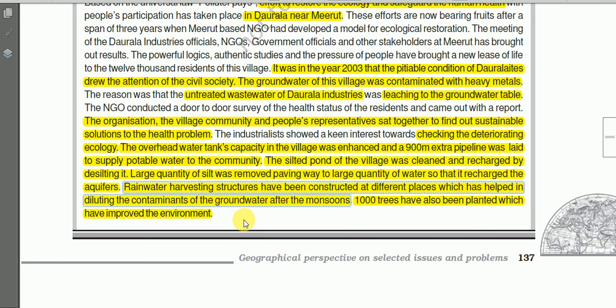They are making a kind of percolation tank, and water is allowed to absorb and reach the underground, thus diluting the contaminants of the water in the aquifer.